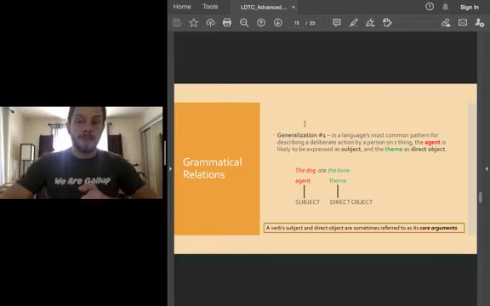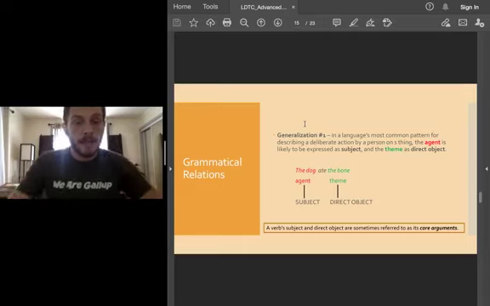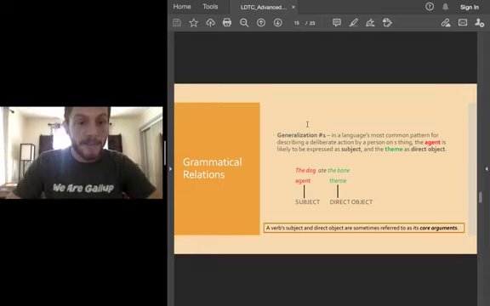I need to emphasize that this is only really generally treated as true in a language's most basic pattern for encoding an event. And again, these are preliminary diagnostics, so they would have to be followed up later. But it is useful in at least identifying how a language might encode its grammatical relations.